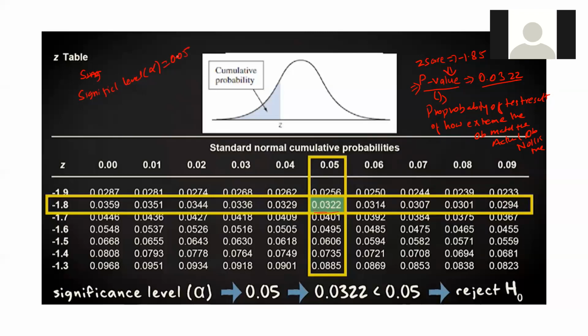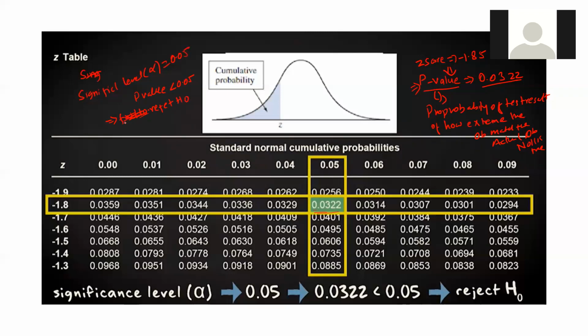Whatever p-value we get, if the p-value is less than 0.05, then we reject the null hypothesis.